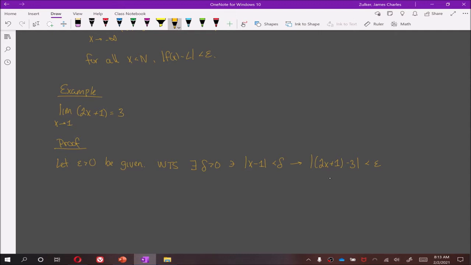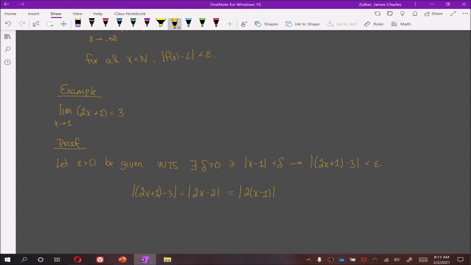So what we do is let's start with this value right here, this absolute value of 2x plus 1 minus 3. Well, that would be the absolute value of 2x minus 2, which is the absolute value of 2 times x minus 1.